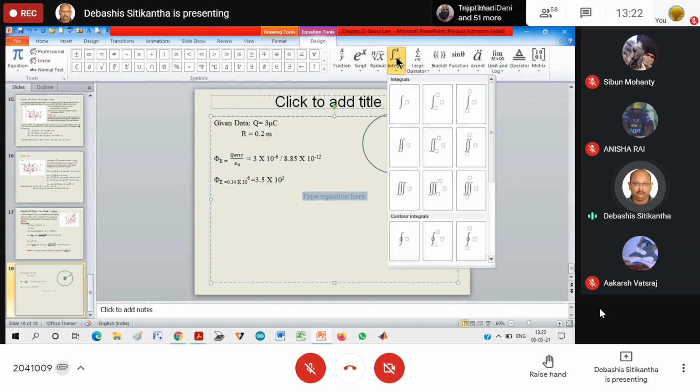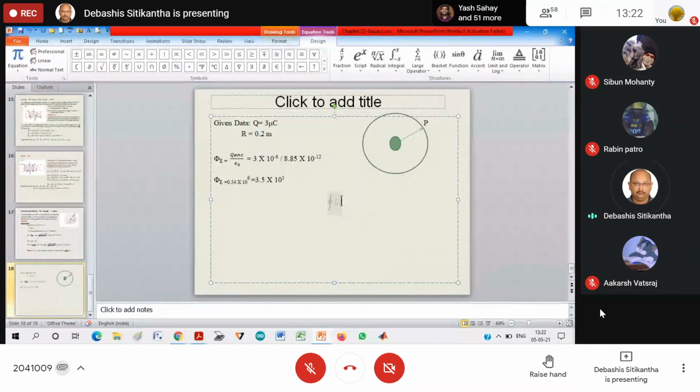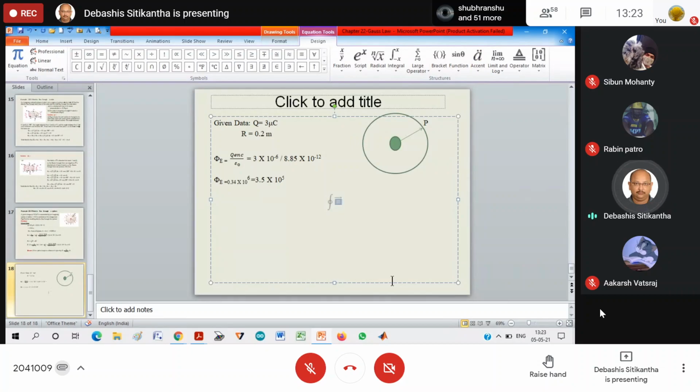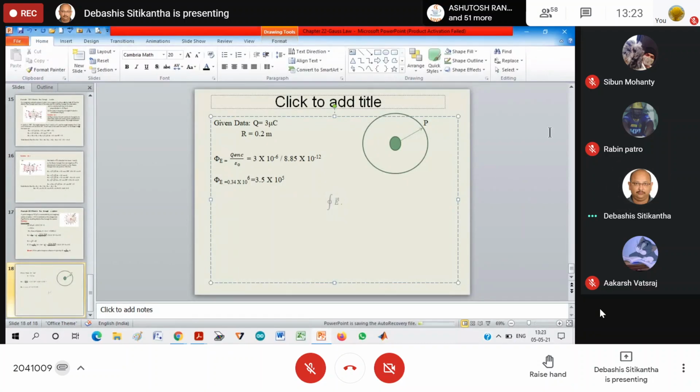Just have a look. Definitely I am going to do it like this. Over here, I will write E. Just have a look how I am doing it, and I hope everybody can understand what I am going to do. It is E vector. Then I'll multiply this with dA.